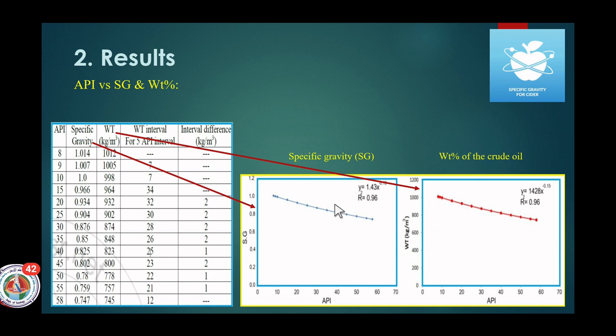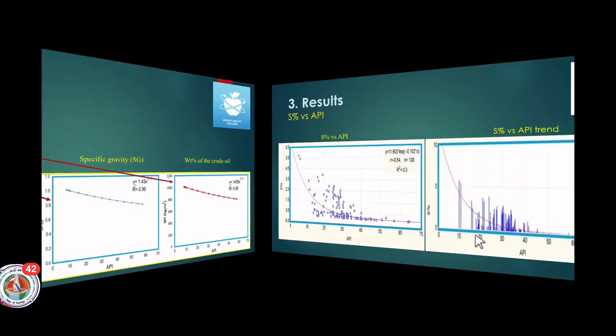The values of API, specific gravity, and weight percent were plotted here. The left one shows a negative relationship between specific gravity and API, and the same result was found here between weight percent versus API.